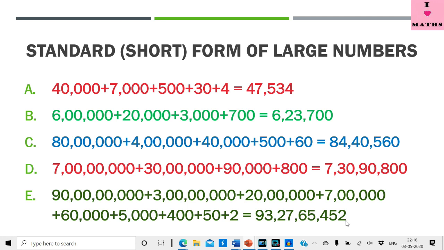I hope, children, you will be able to write the standard form or the short form of large numbers whenever required without making any error.